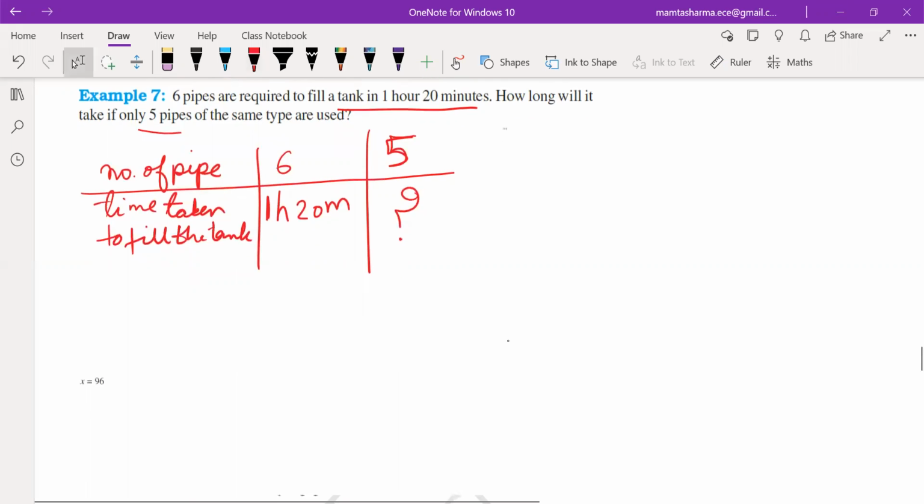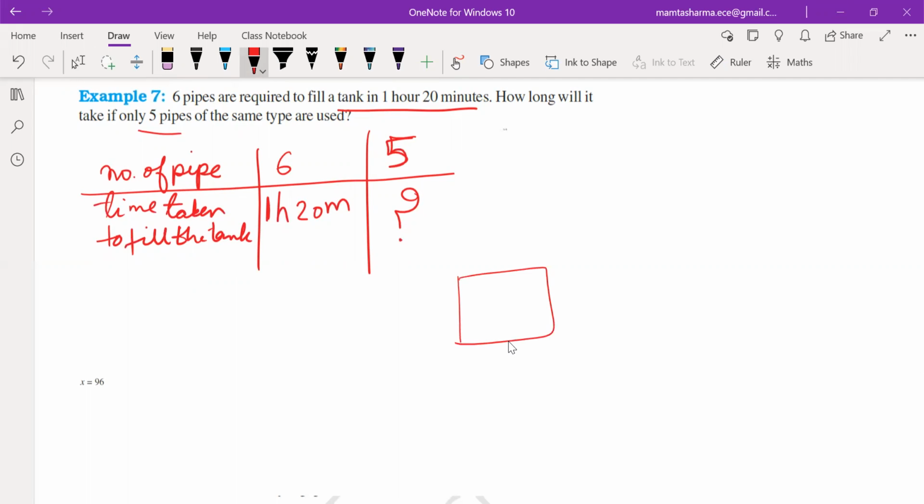First you have to identify whether they are in inverse proportion or direct proportion. When the number of pipes is more, you can fill the tank in lesser time. When the number of pipes is less, it will take more time to fill the tank.